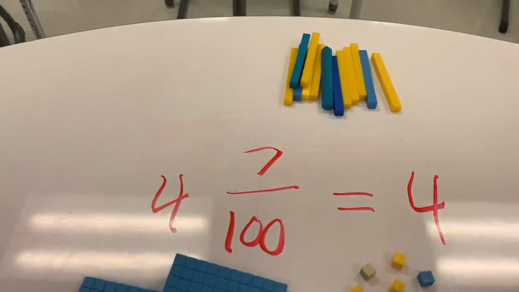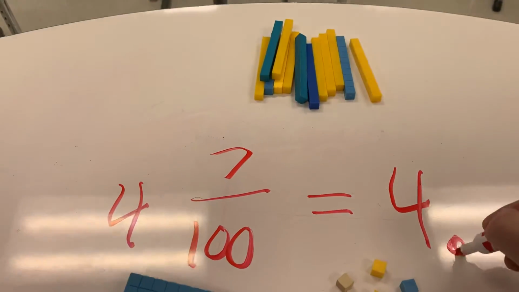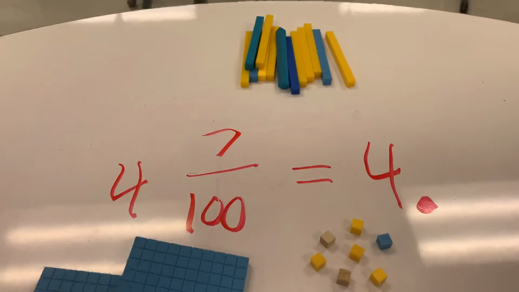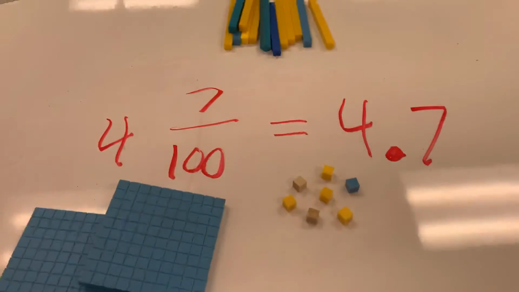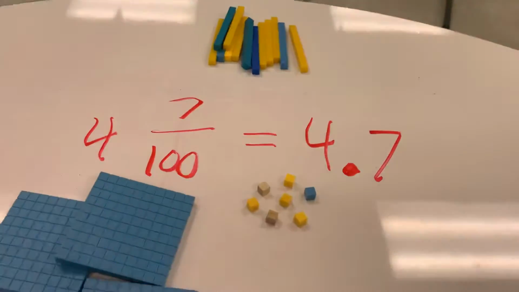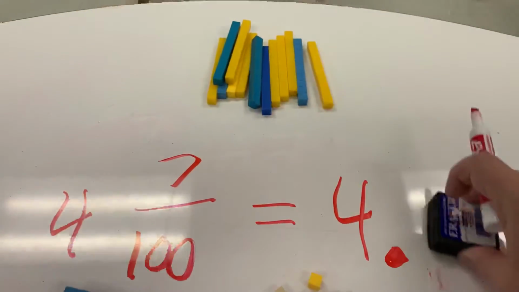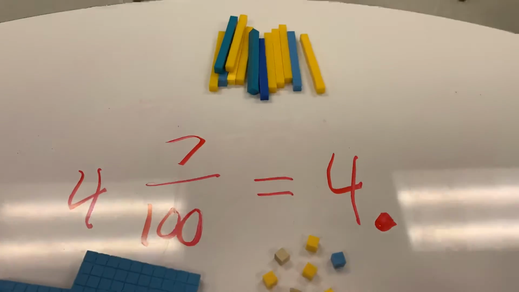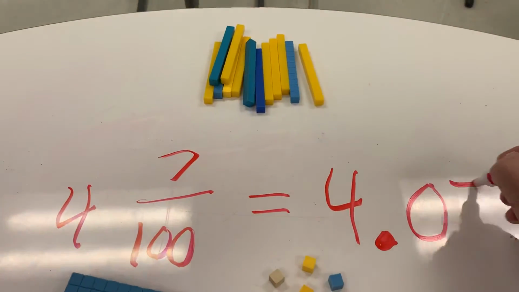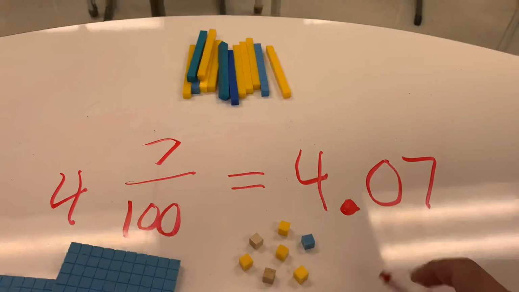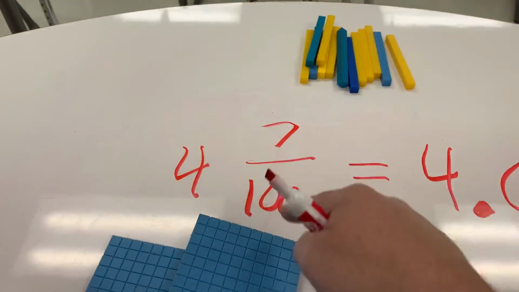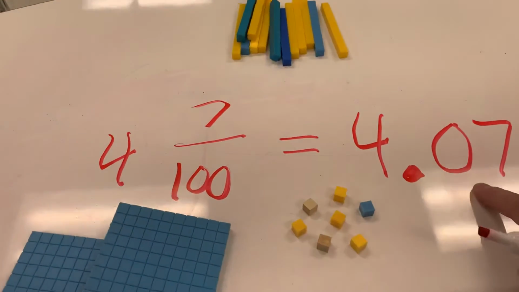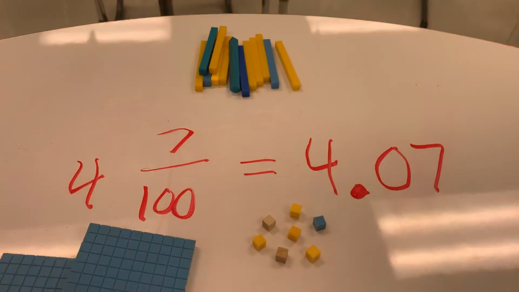The whole number is the same. But now I'm going to write my decimal point and 7 hundredths. Would it be written like that? No, that's 7 tenths, right? So it wouldn't be like that. So it would be a 0 and then a 7. So 7 hundredths. So 4 and 7 hundredths.